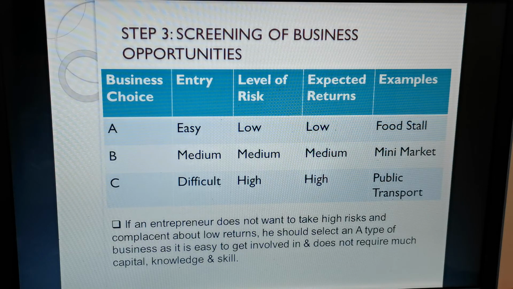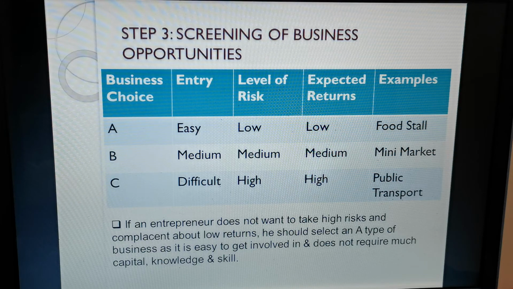For example, here we have business choices A, B, and C, and we have entry levels: easy to penetrate, medium, and very difficult. When you penetrate the market easily, the level of risk is of course low. When the entry is medium, the level of risk is medium, and when it is difficult, the level of risk is of course high.